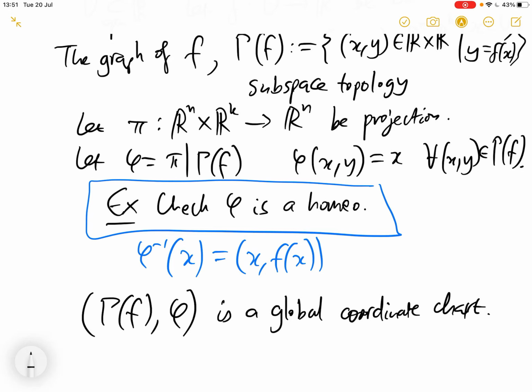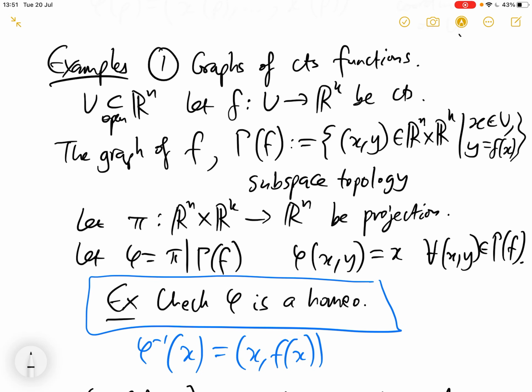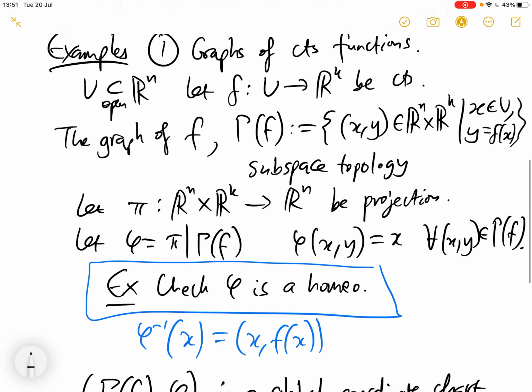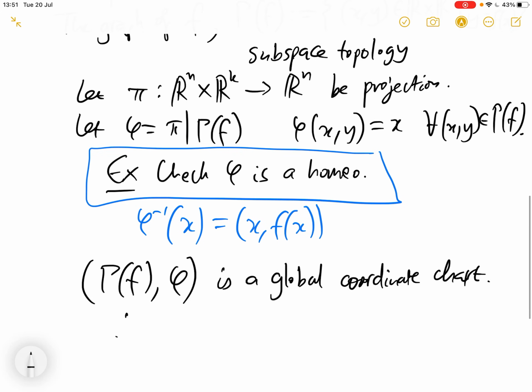So certainly it's locally Euclidean of dimension n, and because the graph is a subspace of Rⁿ⁺ᵏ, it's second countable and Hausdorff. So therefore, the graph of F is a topological n-manifold.